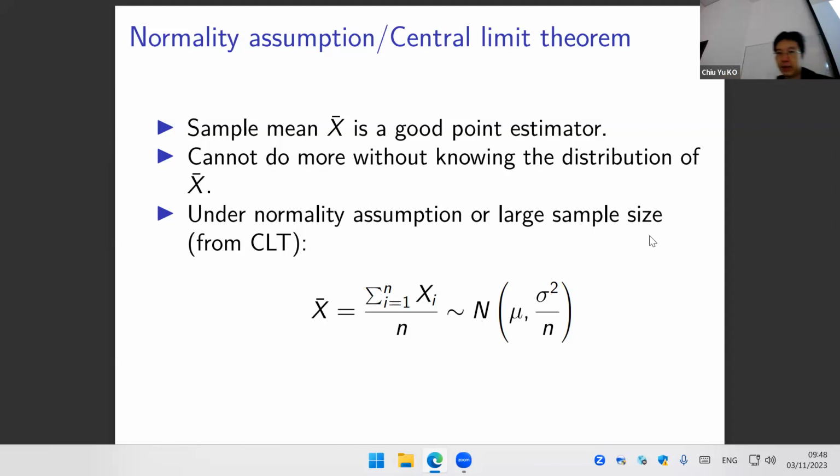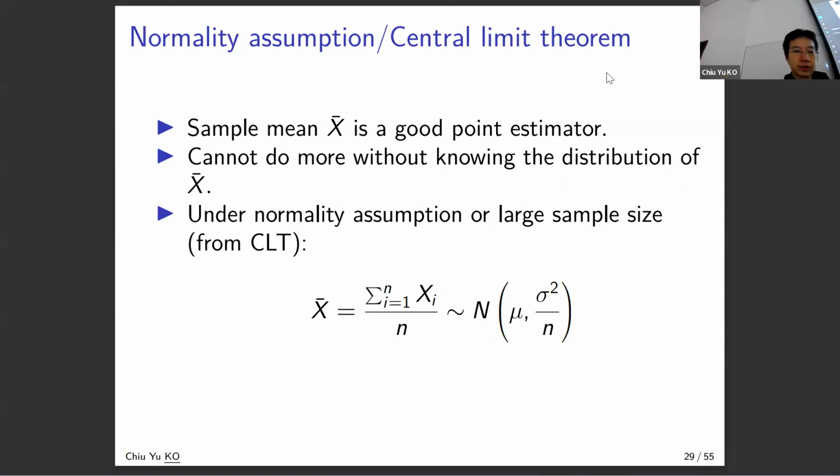Let me draw again to say a few things. We know X bar is very good. The idea is I want to go right by M, and symmetrically left by M. That is X bar plus M and X bar minus M. I want this to have high probability to include the population mean.